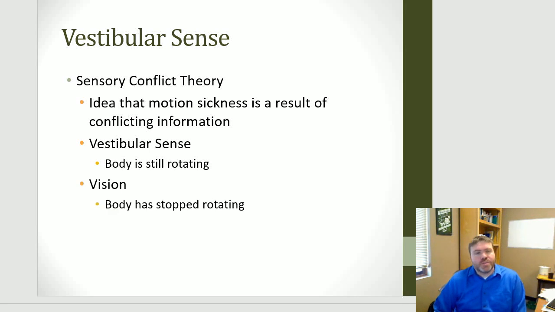But your visual system, which we've just talked about, is getting different information. It's telling you, no, we quit rotating, we need to walk straight now. And the combination of those two sets of information is what makes people fall over when they get dizzy.